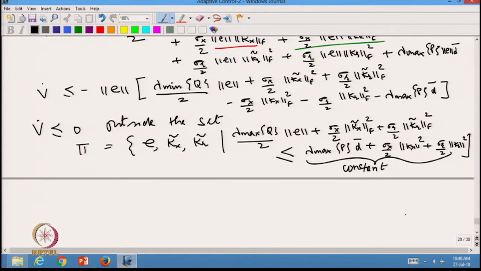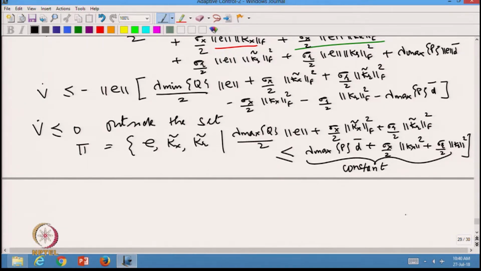So, once the trajectories are within this set, then your tracking error and parameter estimation errors are all bounded, and outside this set V dot is less than equal to 0, which means that the trajectories again have bounded tracking error and parameter estimation errors.